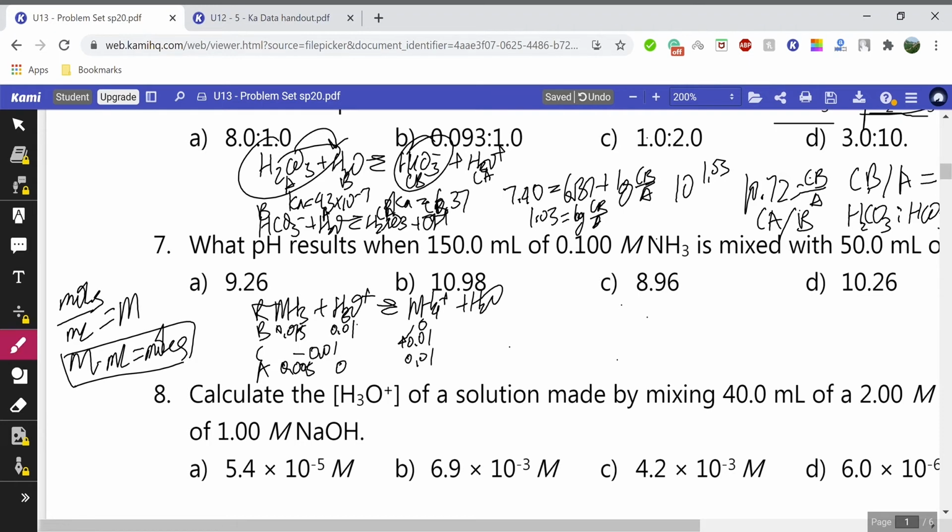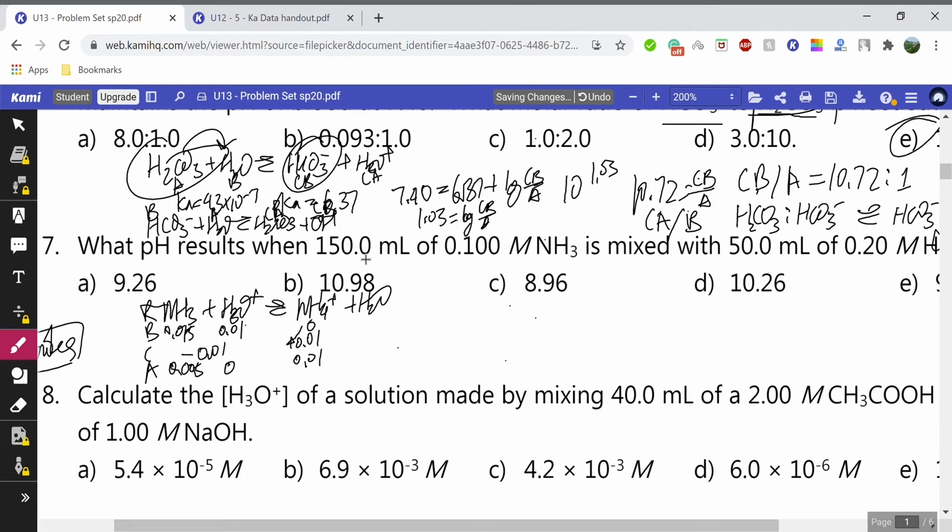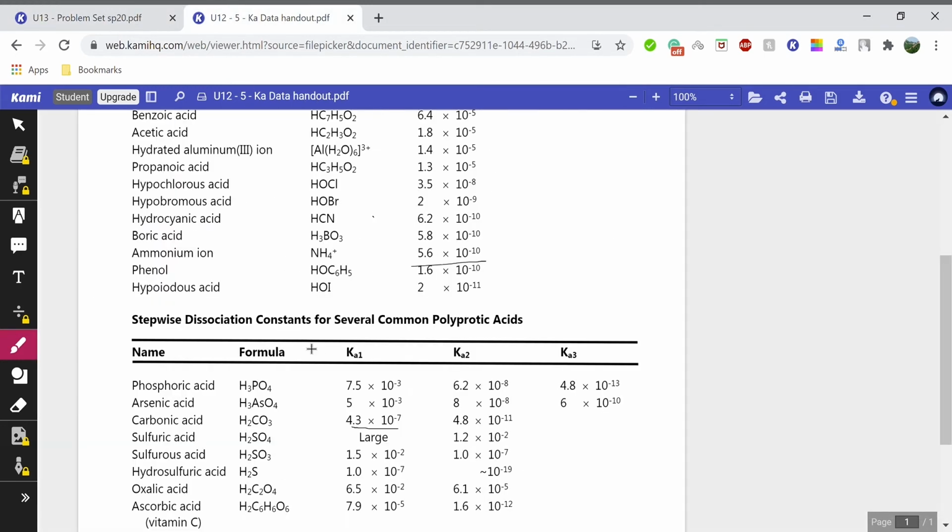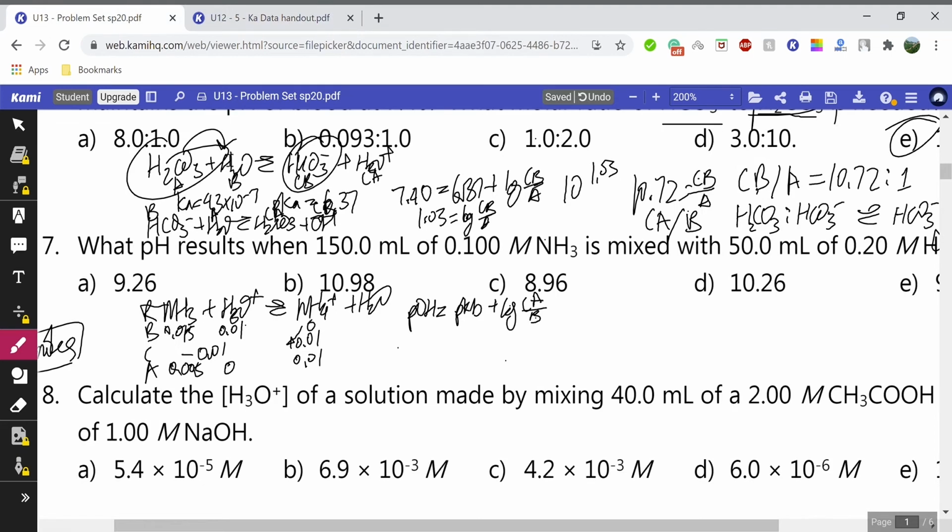And now we have Ka. Now we're going to have this reaction. And because our substance with the Ka is on this side, we're going to be using Kb of NH3. So for NH3, we're going to be using Kb, which is pOH equal to the pKb plus the log of conjugate acid on top divided by base. So Ka of NH4 is 5.6 times 10 to the negative 10.